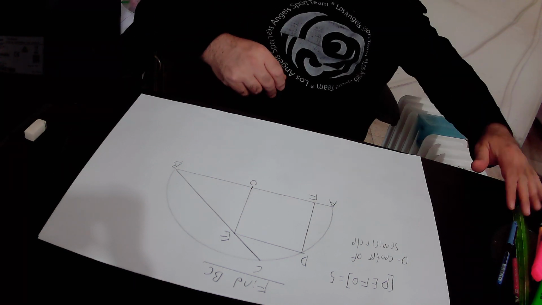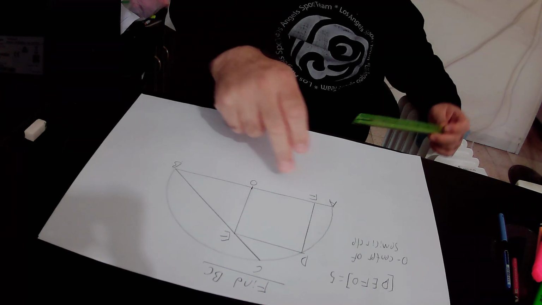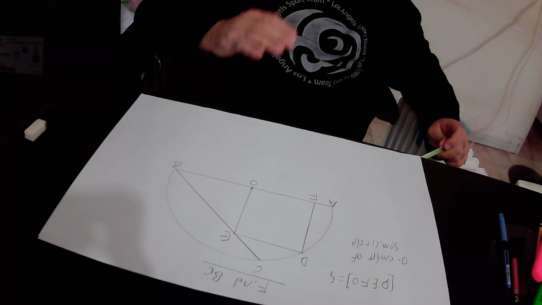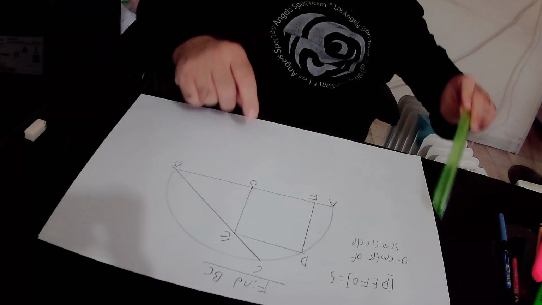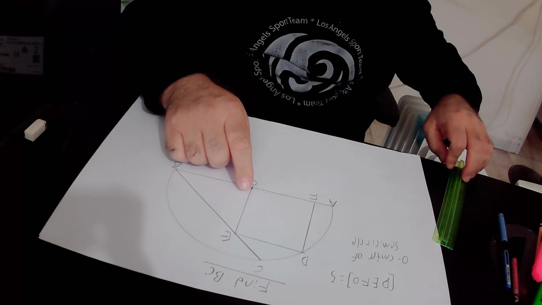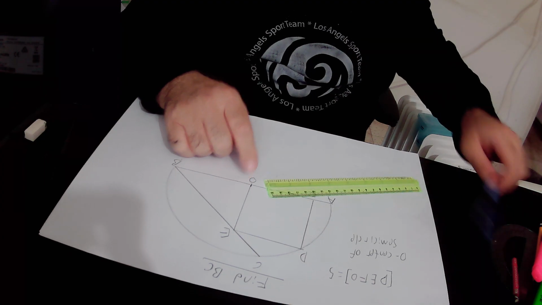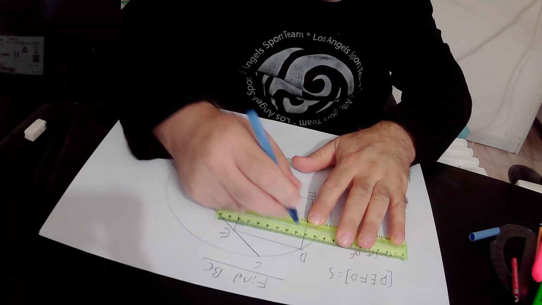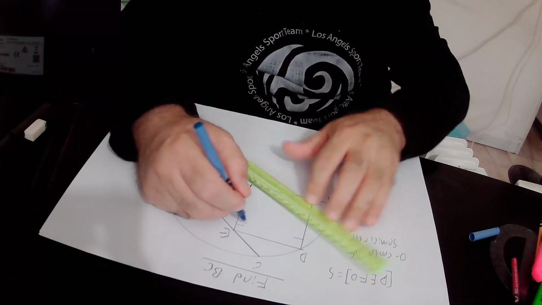First of all, because DEFO is a square, we know that all the angles inside any square are right angles. Therefore, those 4 angles are all right angles. So we can write down that this angle equals 90 degrees.